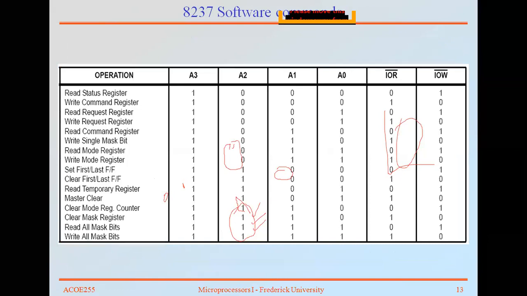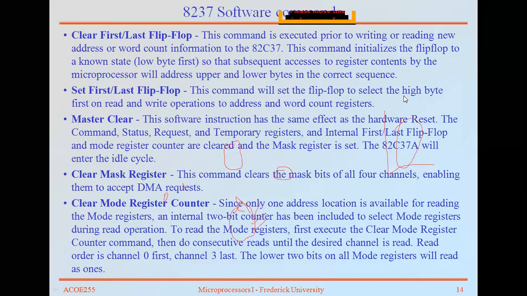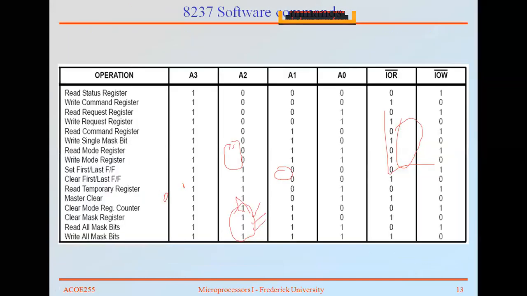These are the 8237 software controls, such as read status register and command register. This is very important in the final examination.